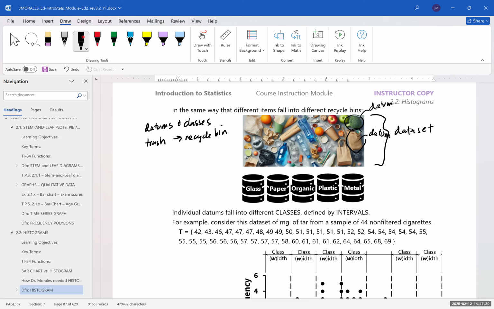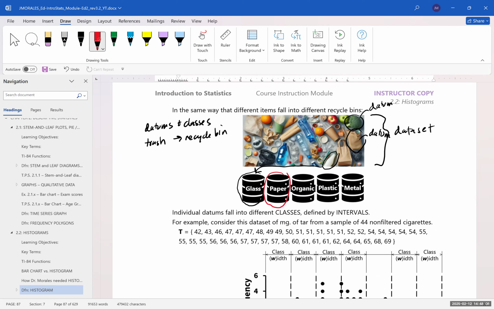Now, when it comes to trash, we know that we need to classify the trash into different recycle bins. So we could have a recycle bin for glass. We'd look through our trash items and find ones that appear to be glass, and that goes in the glass recycle bin. Then we would look at the next recycle bin, which is paper.